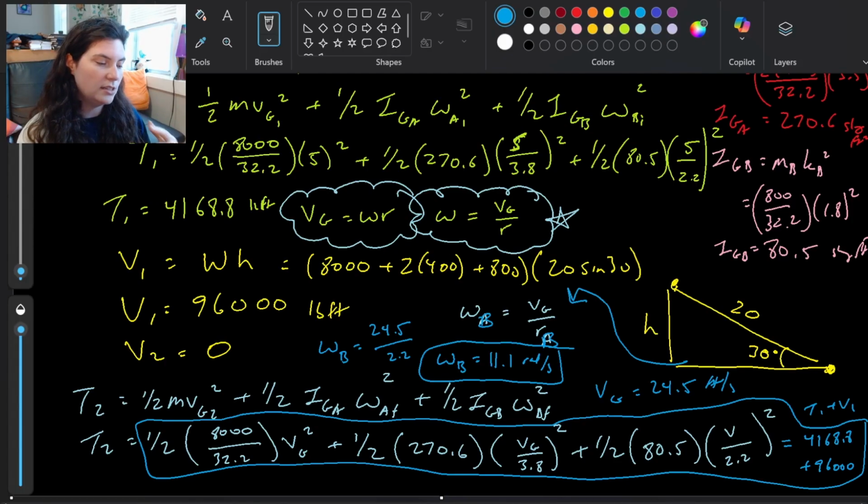You can use your conservation of energy if you have the right scenario where you have no non-conservative forces. Just know that the setup takes a little bit of time and understanding of the problem, as it does with a lot of our problems in dynamics. So conservation of energy is really great to use when you have no non-conservative forces, like weight and springs. It'll help get you to an answer a little bit faster, even if it doesn't necessarily feel like it.